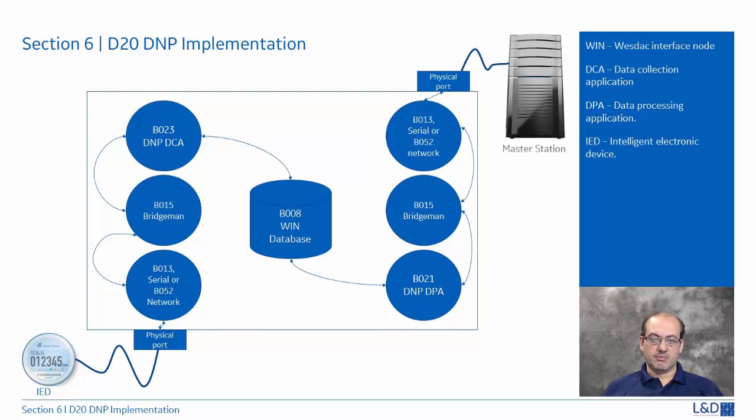The DNP DCA basically picks the point status, the digital input 1 status, digital input 2 status, digital input 3 status, analog inputs, and stores the information in the main database, our WESDAC interface node or WIN database, application B008.